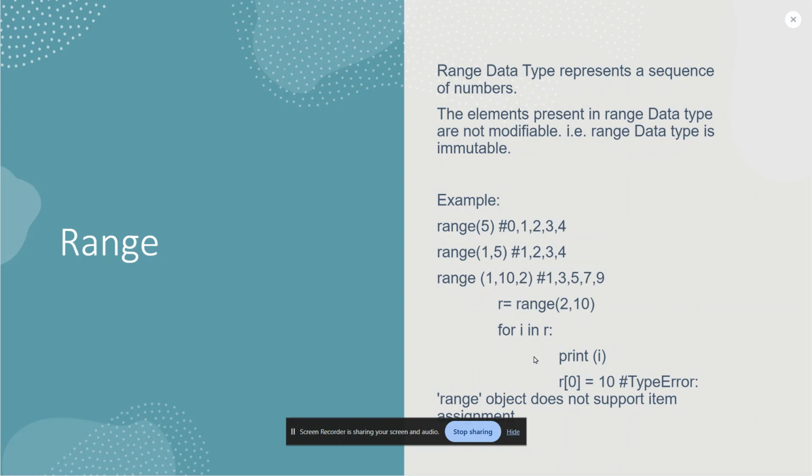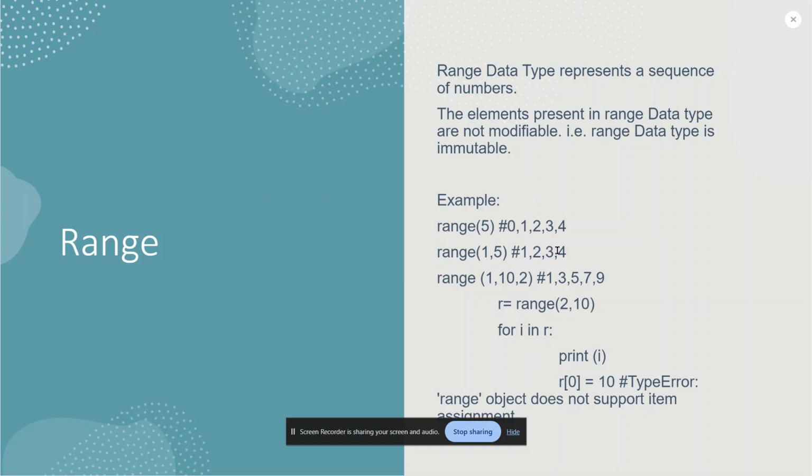This is another point before I show you an example in Visual Code. When I said it is immutable, it means you cannot change it, so there is no question of assigning a value. The index starts with 0, 1, 2, 3, 4.